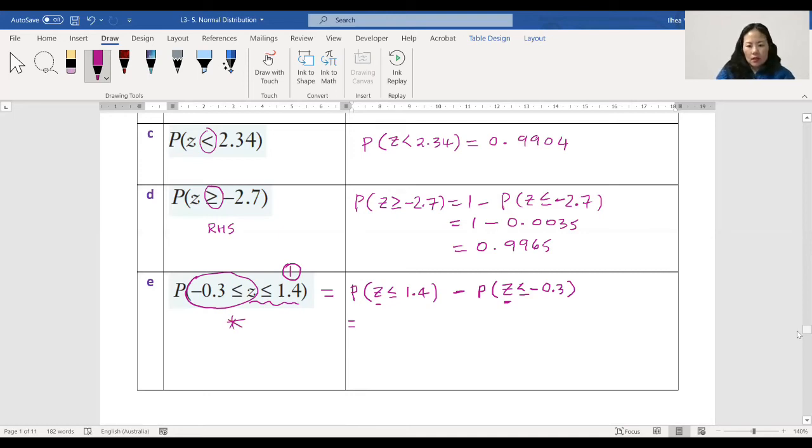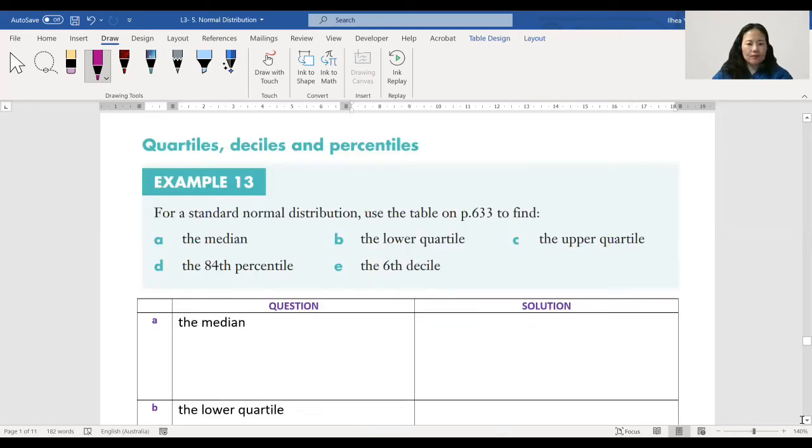That's all. Now, you have to find the individual values for each probability. If you look at the table, I'm assuming you are, 0.9192 take away 0.3821, 0.5371.